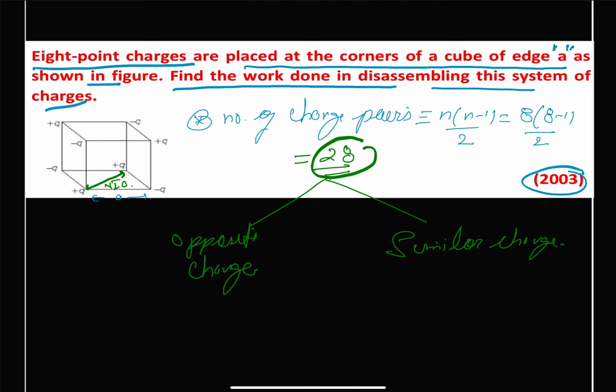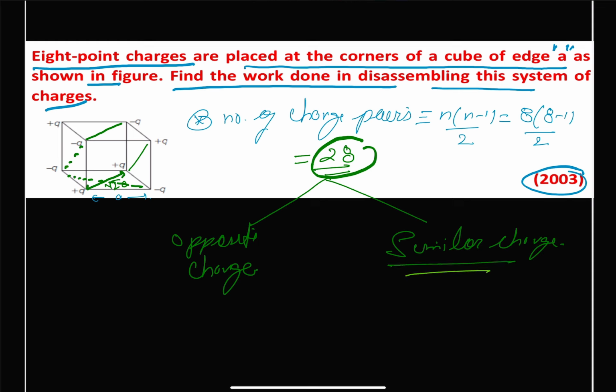And here also we can see that these are the similar charges, and here also the similar charges, and likewise on the opposite side also there are similar charges. So all these similar charges are at the same distance.